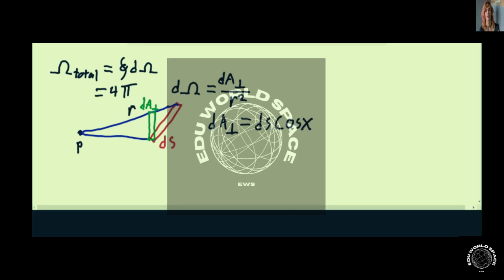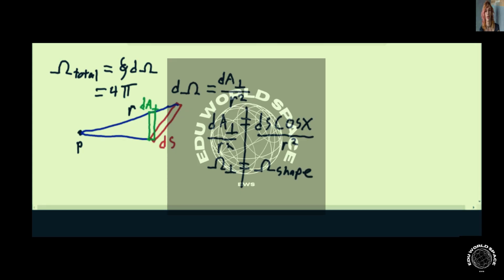But there's also something we can now note: if we just divide by r squared for both sides, we can relate that the solid angle on the left-hand side, which is really just for a sphere, is the same for the shape.